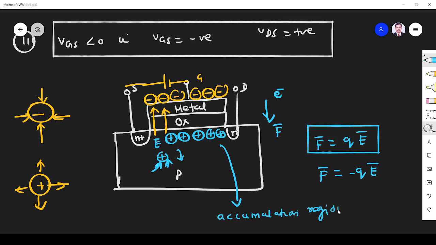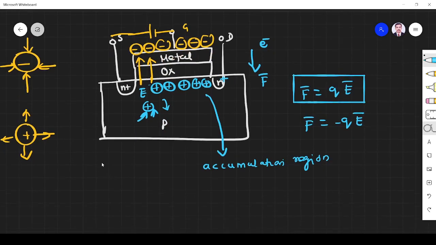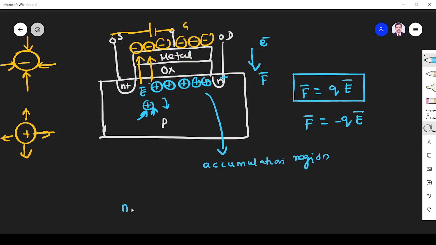Accumulation region. You see, the source is N-type and the drain is also N-type. In between the two N-type regions, we have a channel of positive charge carriers, so electrons cannot flow. Still no current flows. Moreover, the source N-plus and P form a reverse bias, so no current.